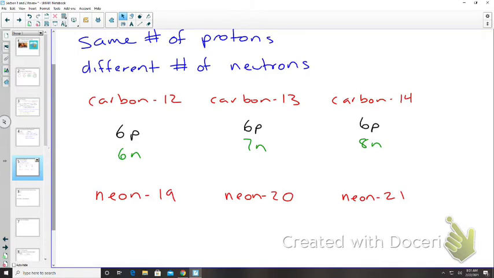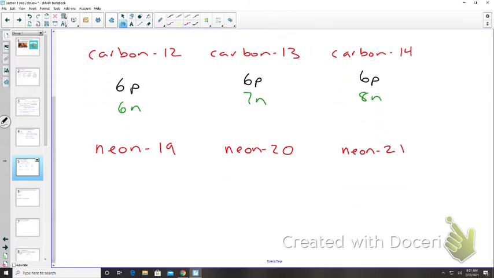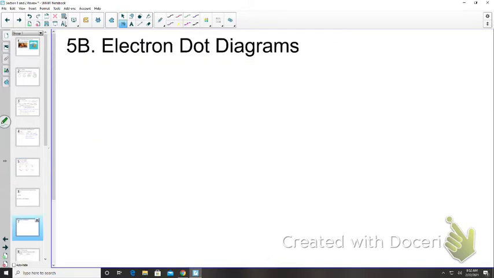So what does that tell us? If it has an atomic number of 10? 10 protons, very good. So neon always has 10 protons. And then if we subtract our atomic number from the mass number, we get the amount of neutrons, right?